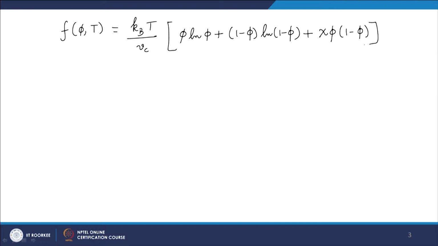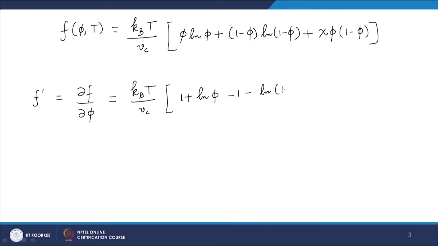So, if I take the first derivative, f prime is dou f by dou phi, that is equal to kBT by Vc times 1 plus ln of phi minus 1 minus ln of 1 minus phi.